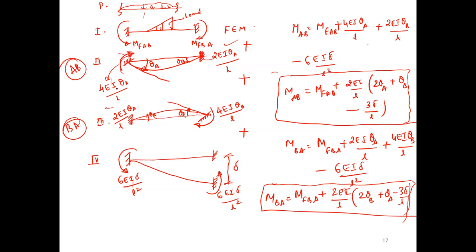That's why 4EI theta by L. Here also the moment is applied, that's why 4EI theta by L. Far end, 2EI theta by L. So this is a very important slide with respect to the slope deflection equation. Any doubts here? Any doubts?